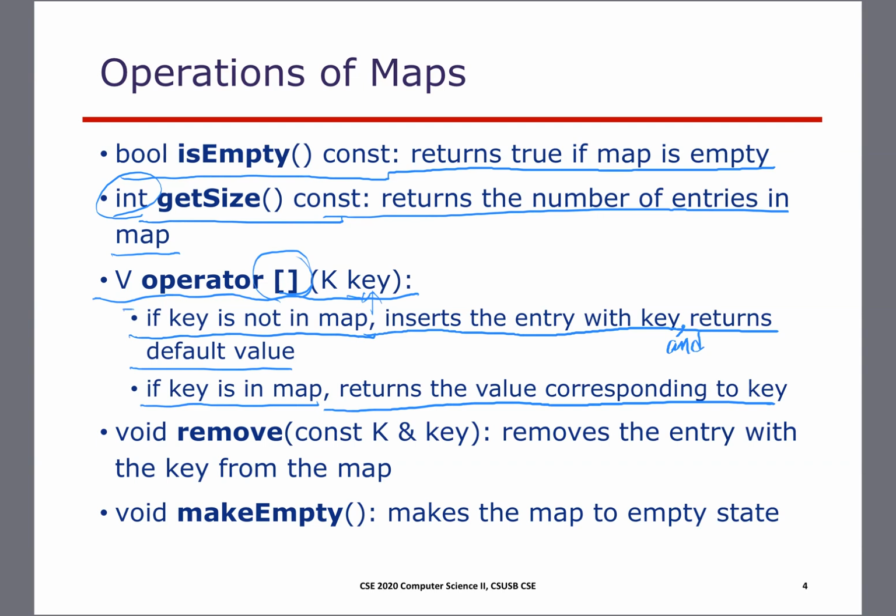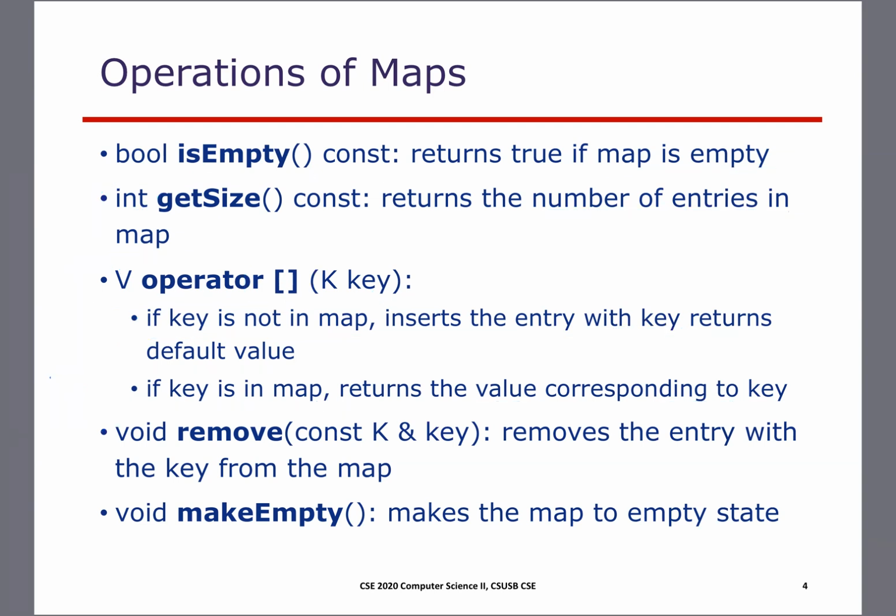So when the k is not in the map, this index operator is a kind of insert operation. If the k is in the map, it's not an insert operation. It will return the value corresponding to the k. We will take a look at this example later. For the map, this index operator is very important. We need to understand this operator.